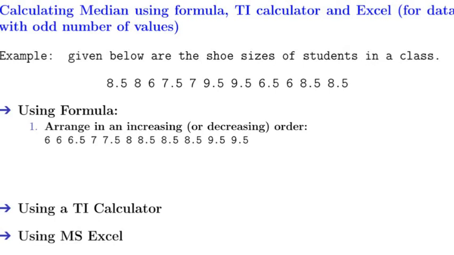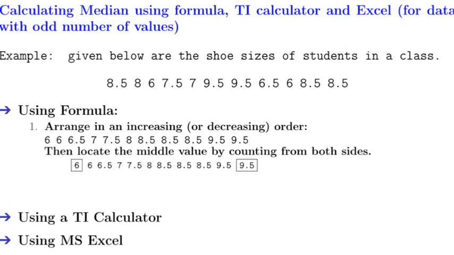Okay, so here I am arranging the data in an increasing order. Then locate the middle value by counting from both sides. I usually find it easier to eliminate numbers from both sides. Okay, so here I am eliminating these two numbers.